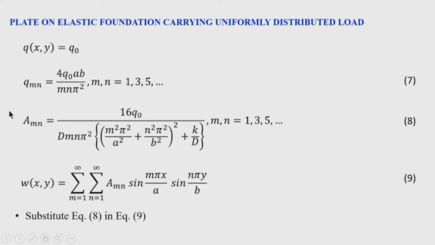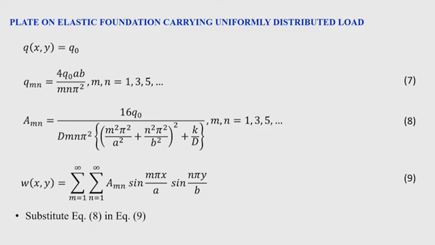So, Q_mn can be looked at as a Fourier series expansion of the load. When the loading function is expressed as a double Fourier series, we can compare the like terms and find the unknown coefficient of the deflected surface, then the full deflection of the plate can be known.